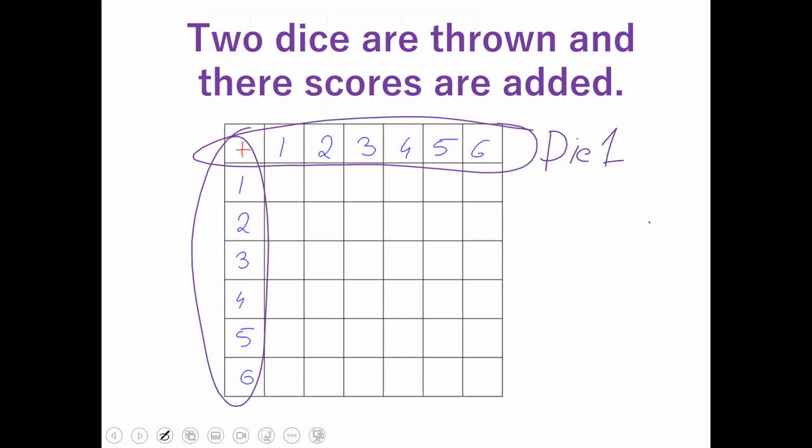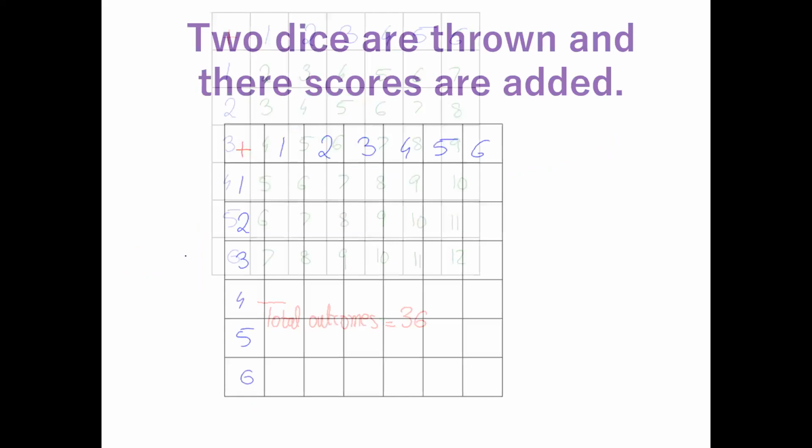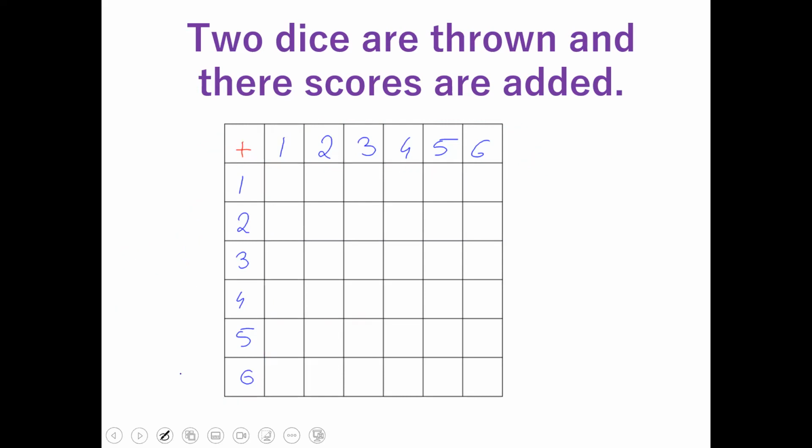And if you look from here, it is die 2. Then you enter the numbers in between and you fill this. This is called a possibility space diagram. It can be shown by boxes. It can be shown by dots also. And this is one of the famous types. So you have to copy this screen.